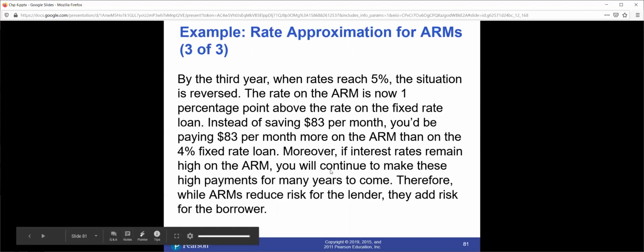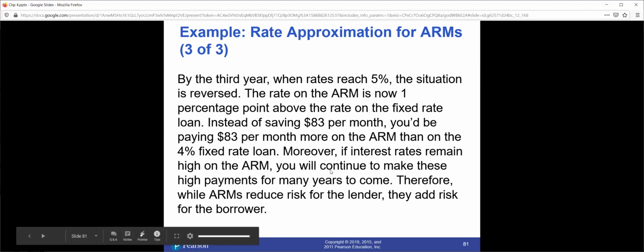By the third year, however, the rate reaches 5%. So the situation is reversed. The rate on the ARM is now 1 percentage point above the rate of the fixed rate loan. So instead of saving $83 a month, you're now paying more than $83.